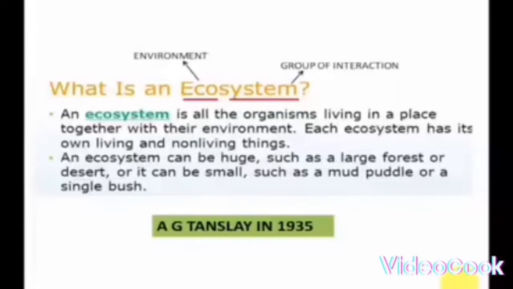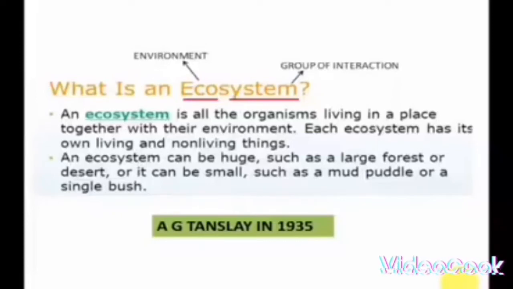Now, an ecosystem is all the organisms living in a place together with their environment. The two words combined refer to organisms living in a place with their environment, and each system has its own living and non-living things.